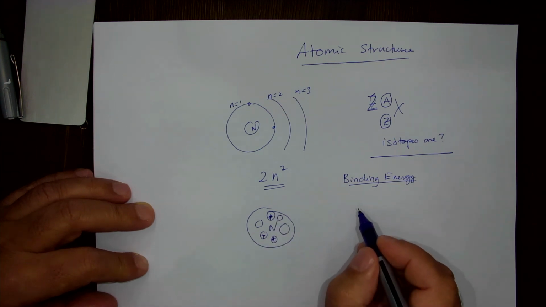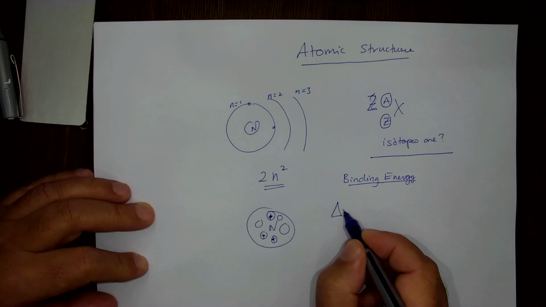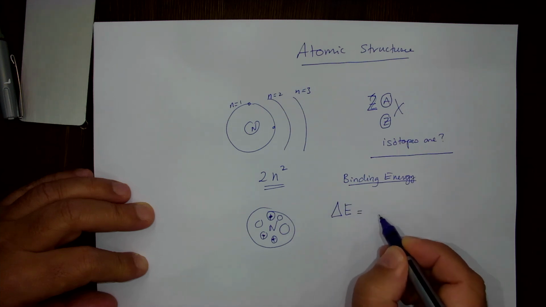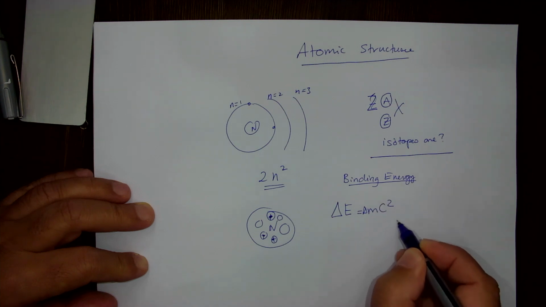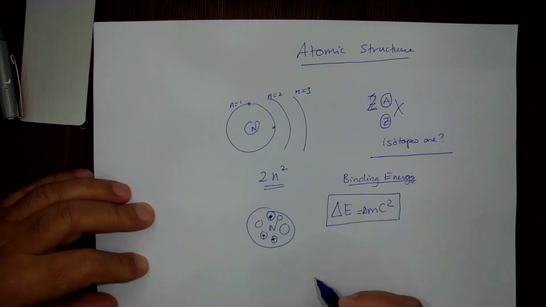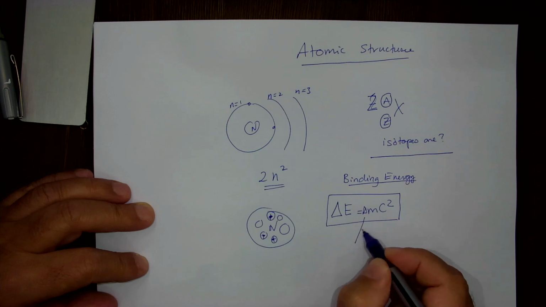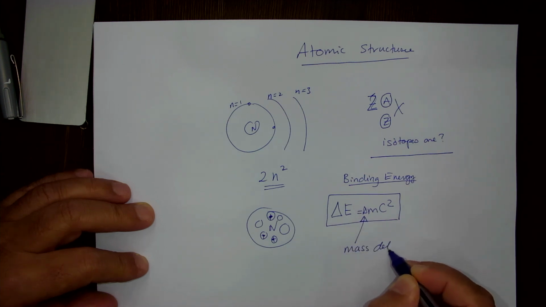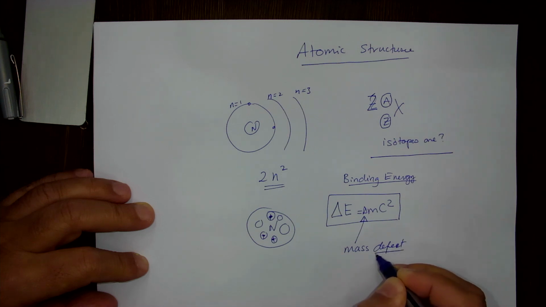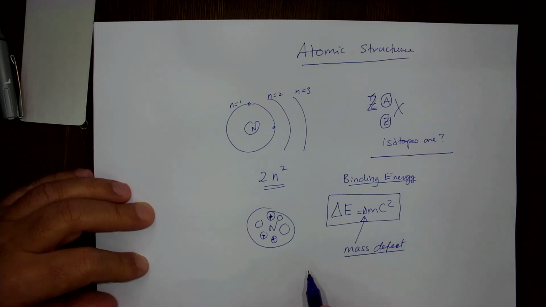The binding energy, defined as delta E, is equal to delta m c squared. Delta m is called the mass defect. Before we calculate it, we need to mention stability, which I'll come back to in a minute.